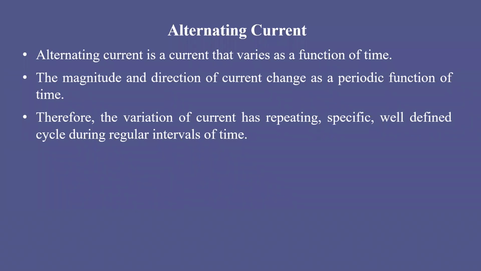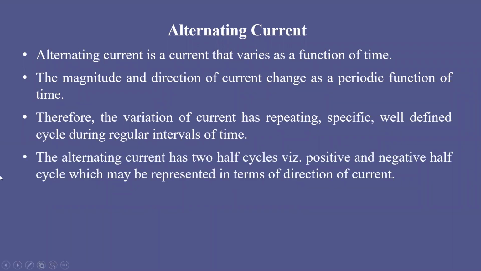So again and again, the current is going to change. That is observed in alternating current. Then the alternating current has two half cycles, namely positive and negative half cycle, which may be represented in terms of direction of current.